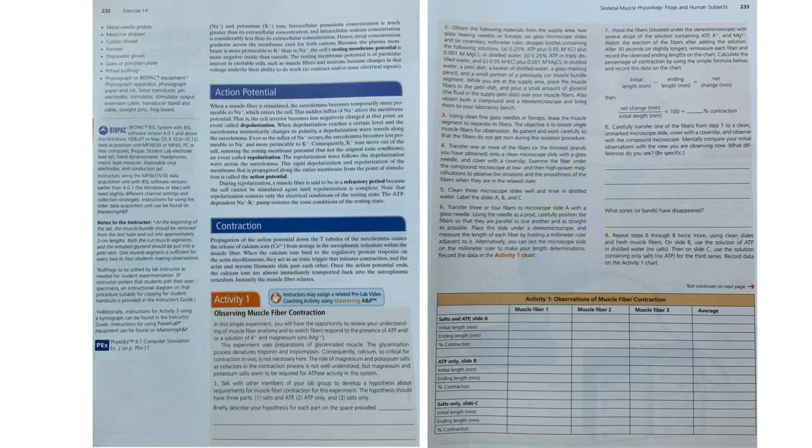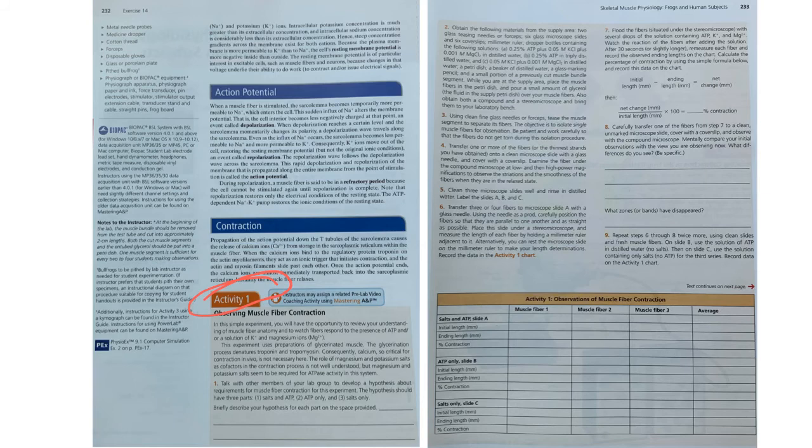So page 232 and 233, activity 1, is what this lab was supposed to be. Unfortunately, we can't send you muscle at home to play with. I don't know why, but it has to stay really, really cold, and it doesn't do that when we ship it very well. So let me explain the experiment and then talk about what you are going to be doing.